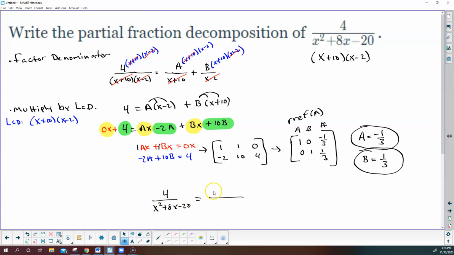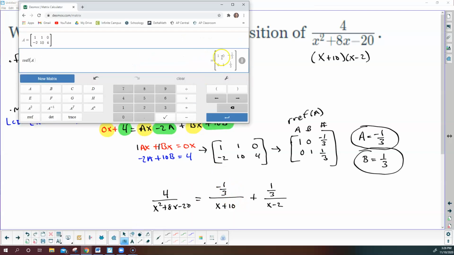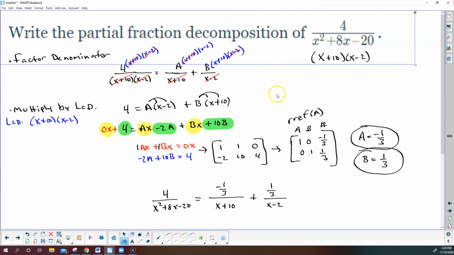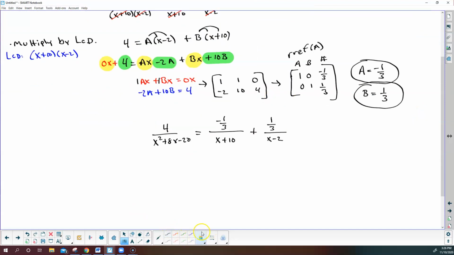But this fraction can be broken into, and we'll review this here really quick, A over x plus 10 plus b over x minus 2. But this isn't really friendly. I don't like that fraction over a fraction. And I just want to make sure that, okay, good. I did pick the right negative, I don't remember.